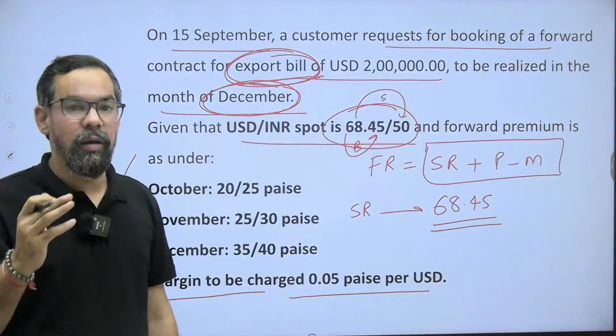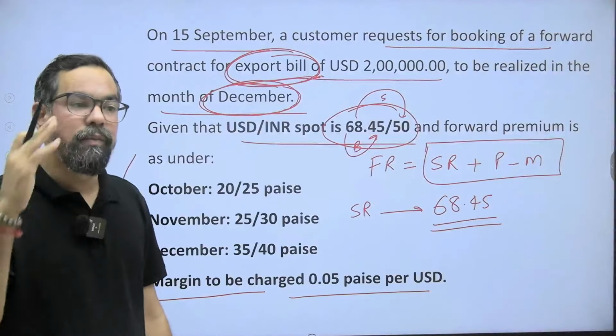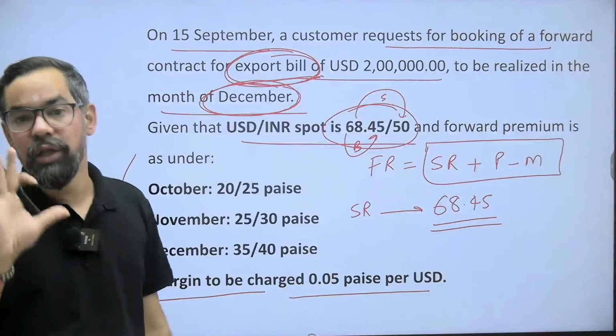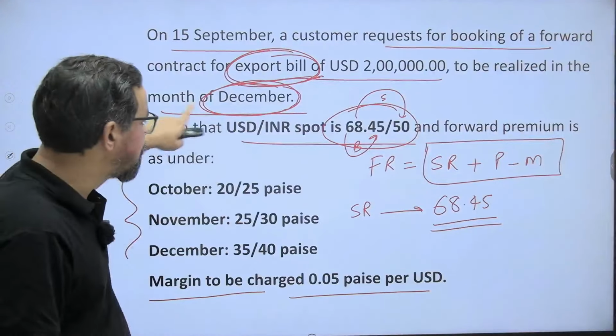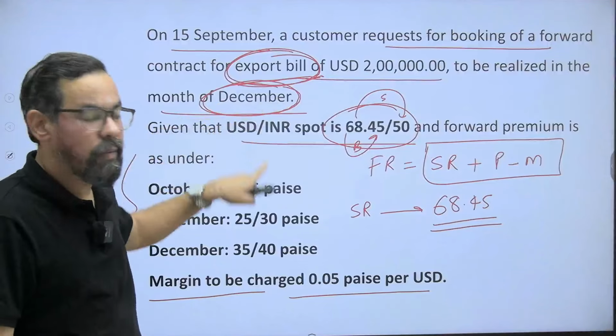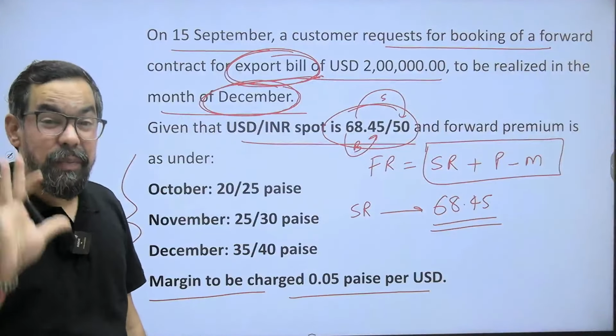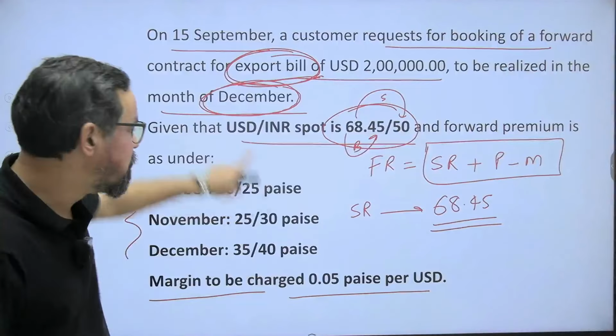If they want to calculate for 15 December or end of December, that will be clearly stated in the question itself. So whenever you see this kind of statement, you have to take the premium from the month of December itself.